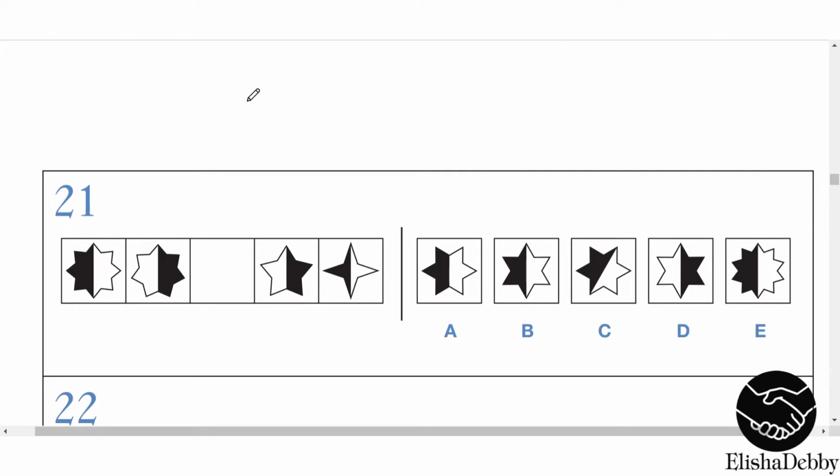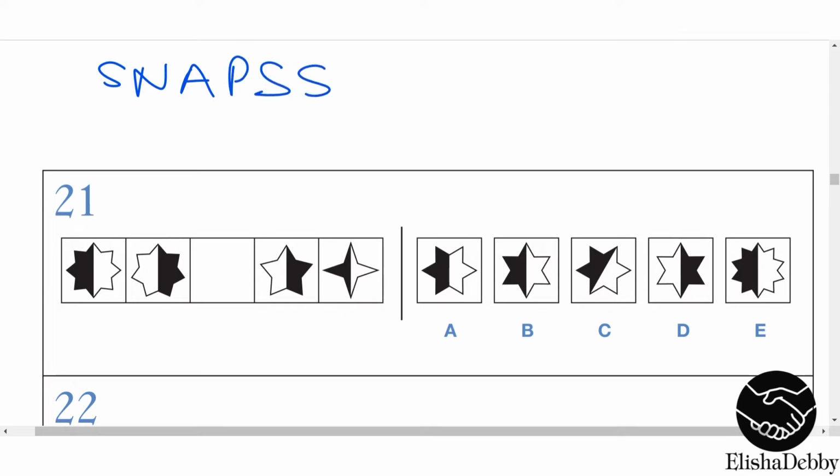And the elements you can use are SNAPSS. S is for shape, N is for the number, maybe the number of sides or the number of shapes, A is angle, P is position, S is size, maybe the size of the shape, and the last S is shading.